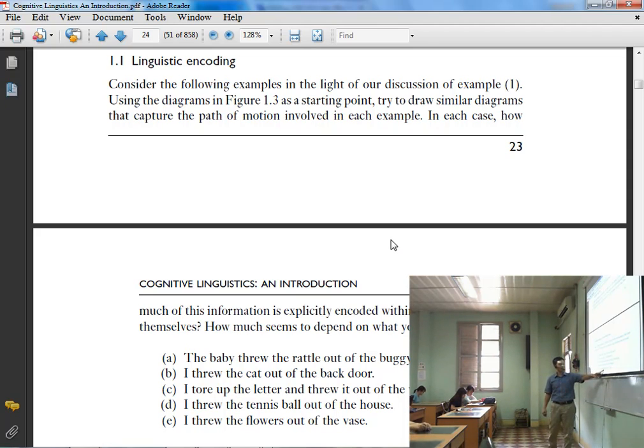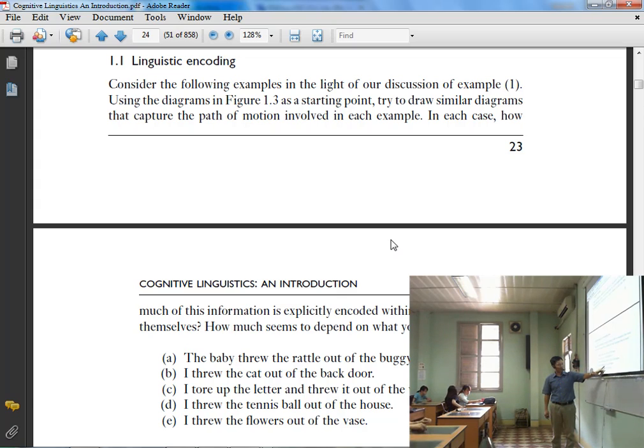Do I translate it into "tôi ném hoa ra khỏi bình"? Đúng rồi, bứt hoa ra khỏi bình, ngắt hoa ra khỏi bình, hay ngắt hoa bỏ ra khỏi bình, hay tôi tỉa hoa cho bình. Right? Okay. Tôi thay bông, for example. Right. So how about this?